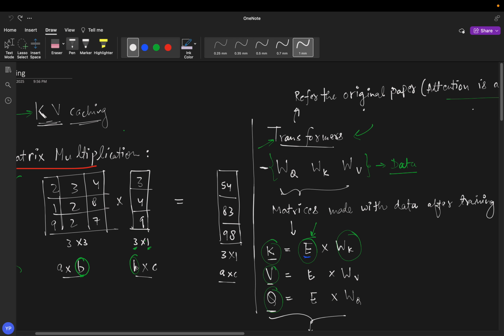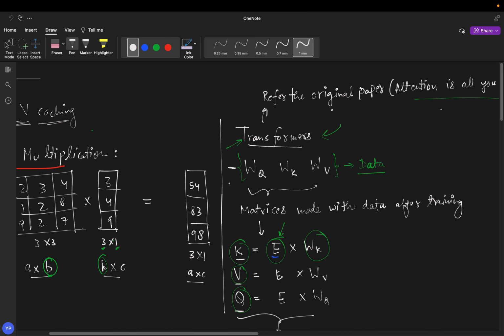Now for transformers, when you train a particular LLM, you get three different matrices called WQ, WK, and WV. These are made after lots of training data. These are parameters tuned and tweaked, and these matrices help us generate the next set of tokens.